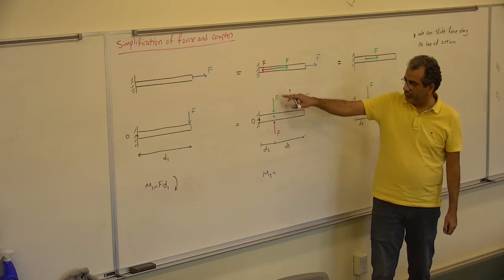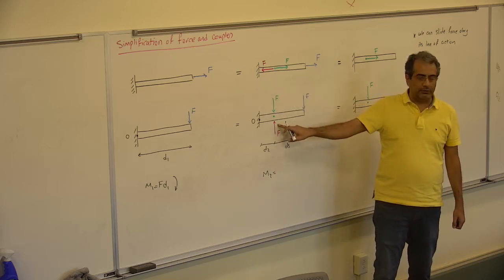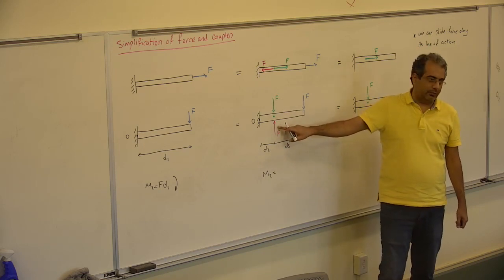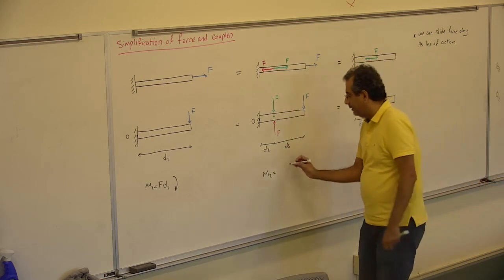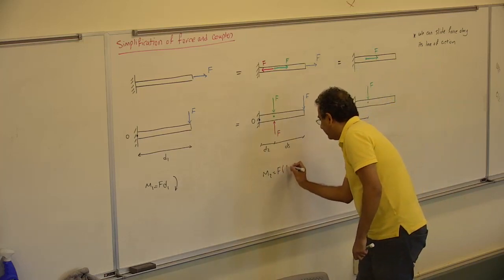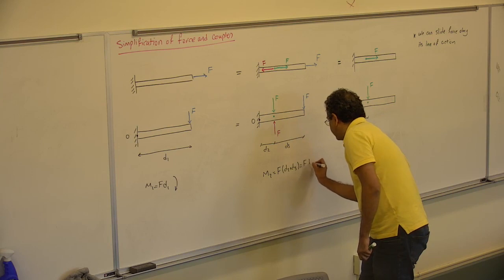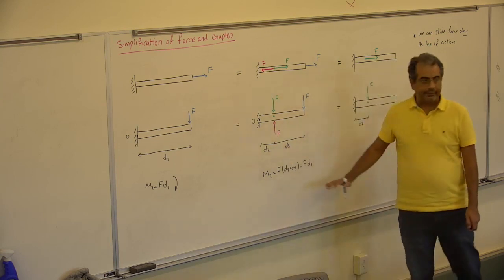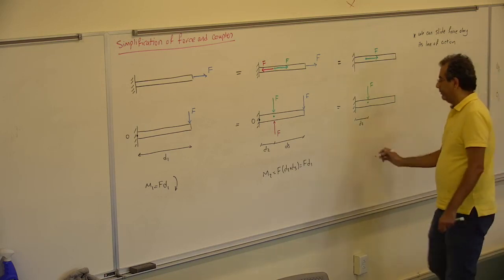The moment of these two, whatever that is, this one is the opposite of that. So the moment of this would be opposite of that, so those two would cancel each other. It still is going to be F times (D2 plus D3), or F D1. Agreed? How much is the moment here?